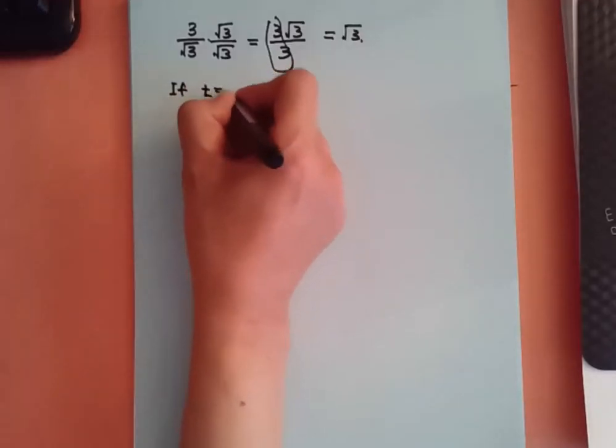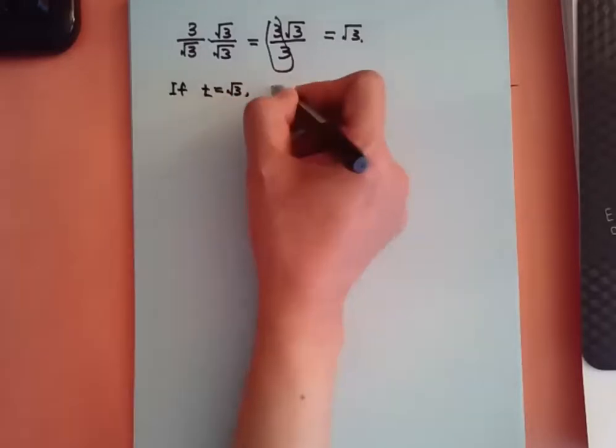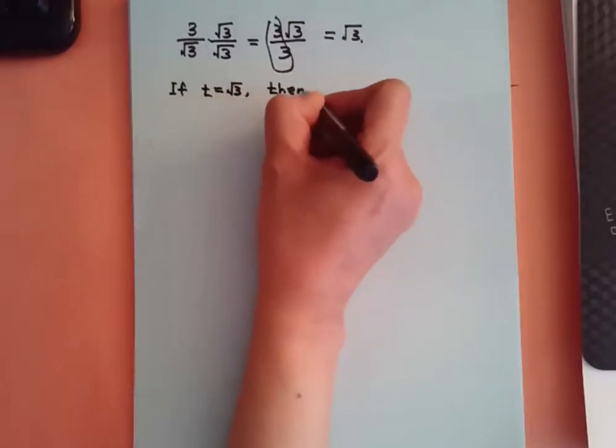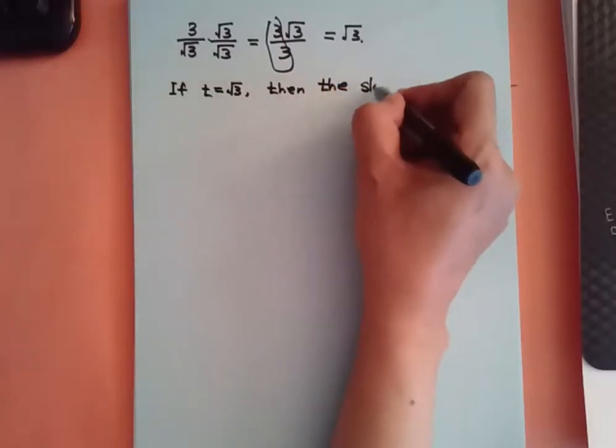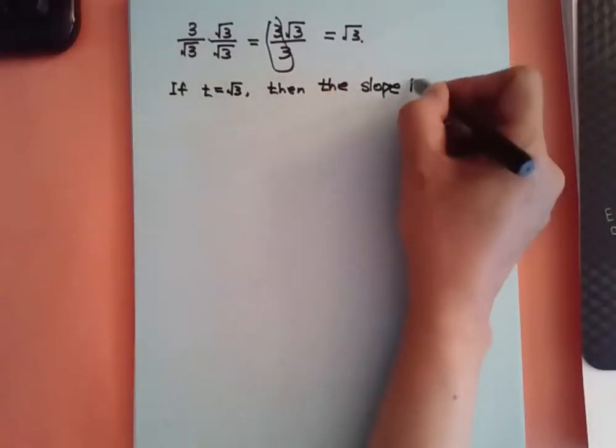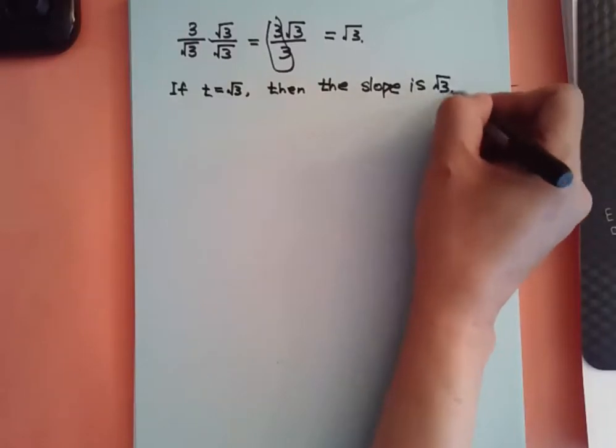If t equals square root of 3, then the slope we calculated is square root of 3.